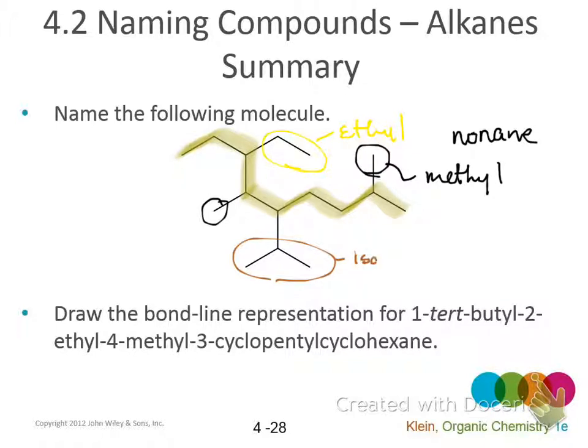But this is isopropyl. Now, the numbering, which side am I going to number from? The right or the left? The right, because it gives me the lowest numbers, the substituent closest to that point. So now I can add the numbers to it. 1, 2, 3, 4, 5, 6, 7, 8, 9. And then I'm going to put the name together.